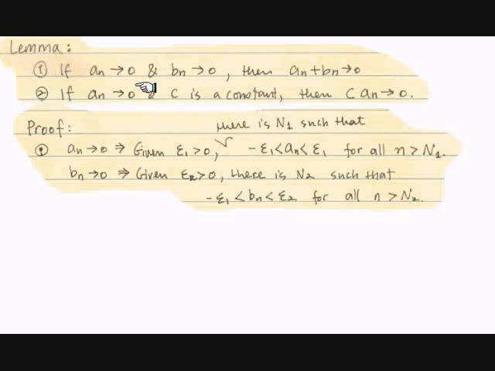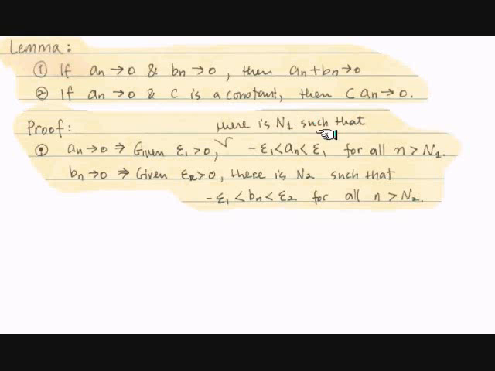What's given is that we suppose a_n is one sequence and b_n is another sequence, and both approach 0. Since we know they approach 0, and we have the property stated in the definition of the limit, no matter what radius you give around the convergence point 0, which was capital A before, epsilon 1, we don't know what that is, but whatever it is, there will be some index.